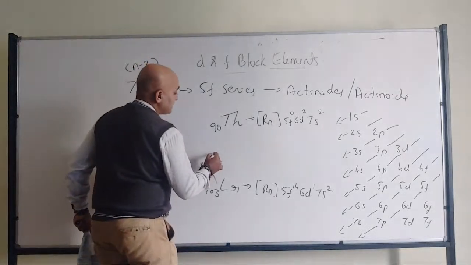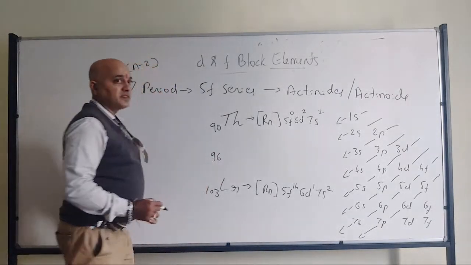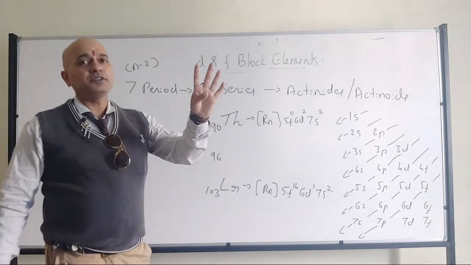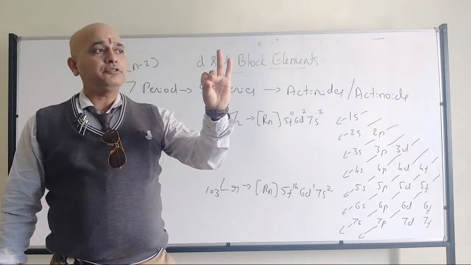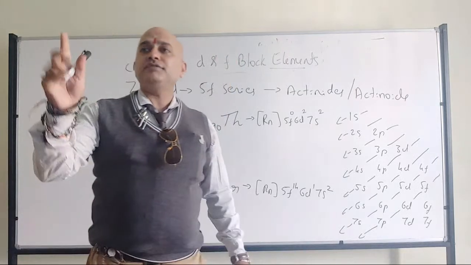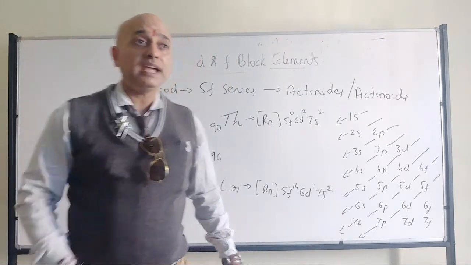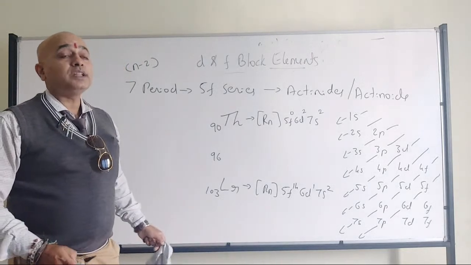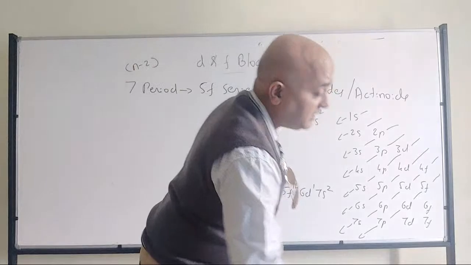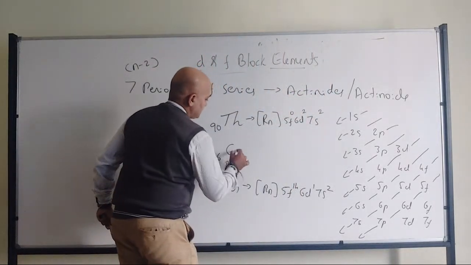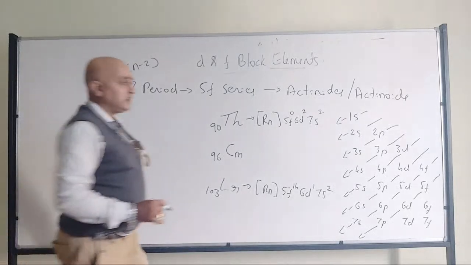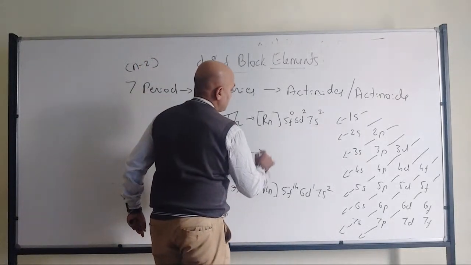Counting 90, 91, 92, 93, 94, 95, 96, the seventh element has atomic number 96. That is curium. You can remember it as Chief Minister, CM.